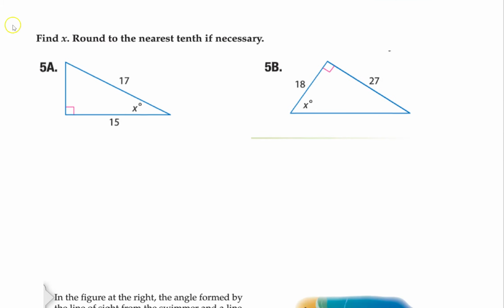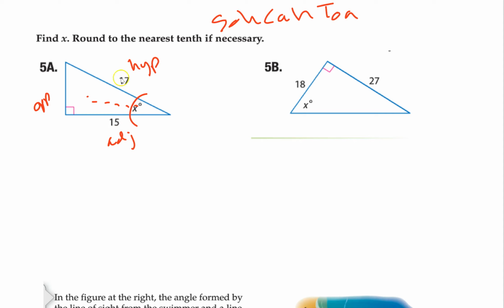And then again, we could parlay it to what we've been talking about earlier. So if I want to do this, remember the same steps. You go, here's my angle. These are the sides: opposite, hypotenuse, and adjacent. And again, SOHCAHTOA. Look what we have.